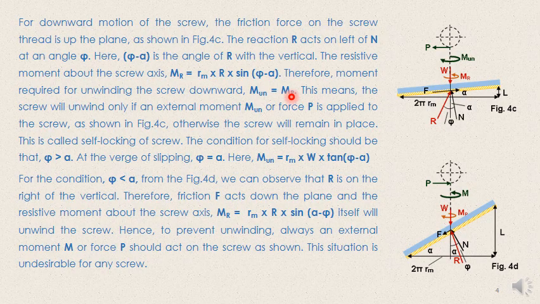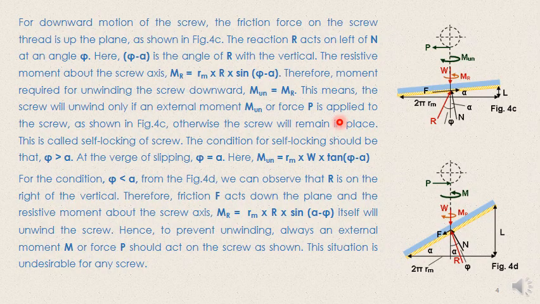So what it means is the screw will unwind only if an external moment Mu or a force P is acted upon on the other side. Otherwise the screw will remain in place. That means once you have wound the screw to some position, then for this scenario we require a moment of this sense, or a P of this sense, to unwind the screw.